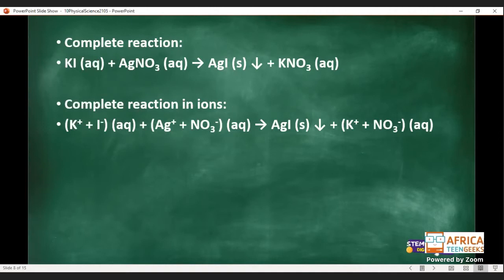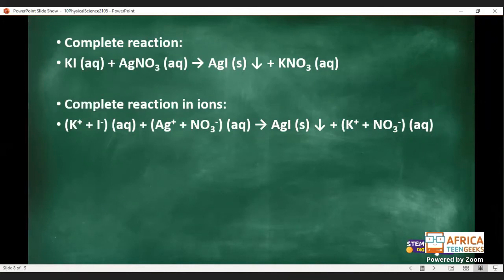So silver and iodine is the driving force of my reaction, and so they have to be part of my net reaction, which means that potassium and nitrate, the two ions that are still in solution here, they are known as the spectator ions.